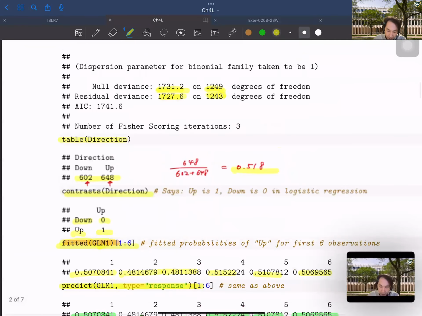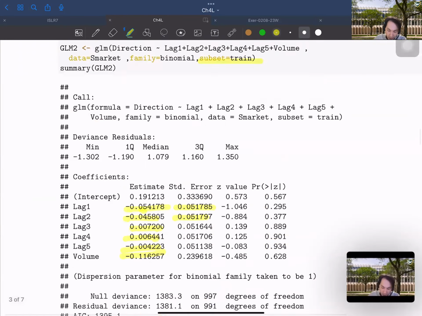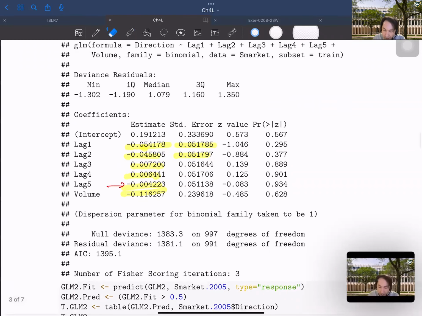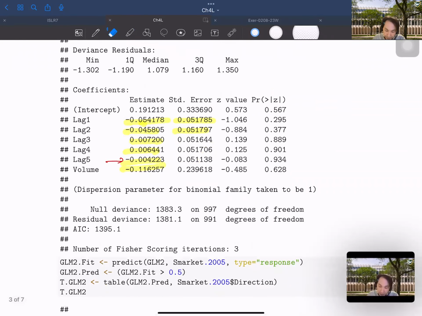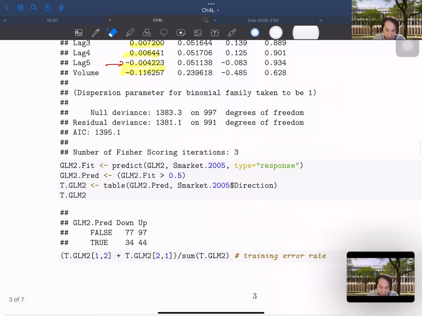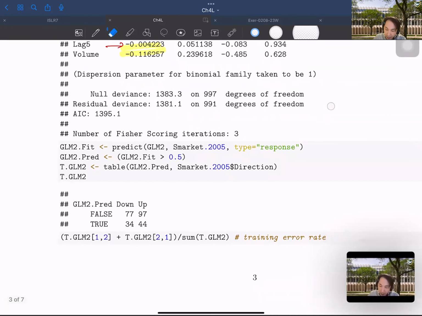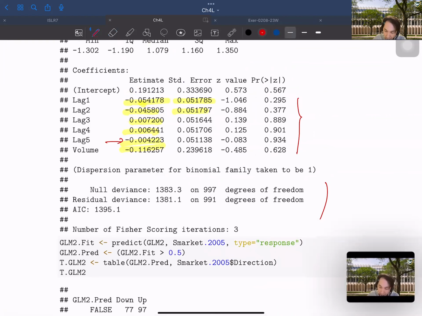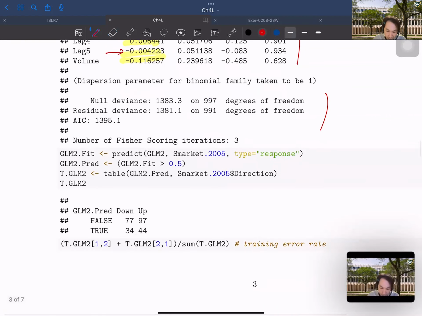So maybe the signs are mostly the same, about 80% of them, but for example, this sign changes. And the estimates are kind of close, but different. We don't discuss this test result in detail, but it looks like the model is still useless. These p-values are all large, not significant.